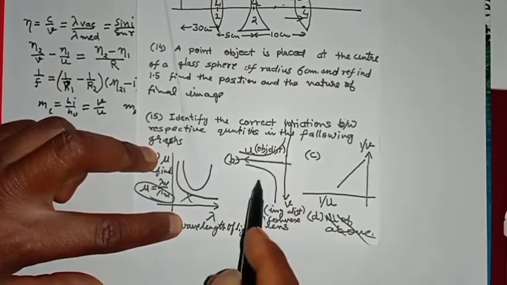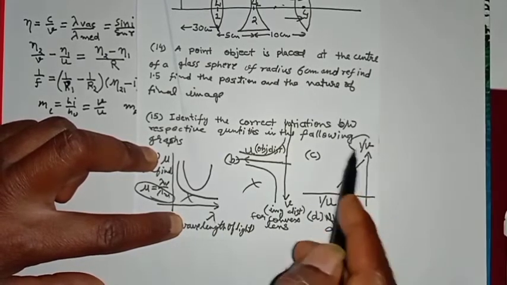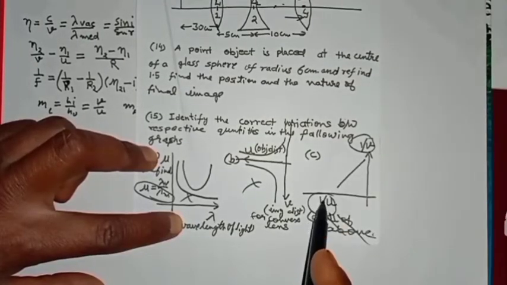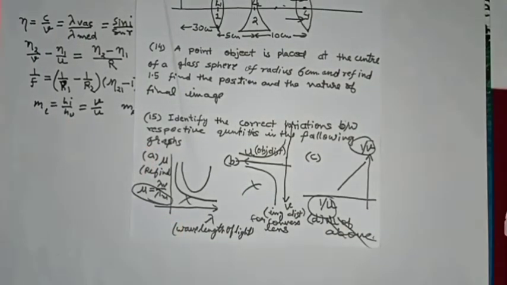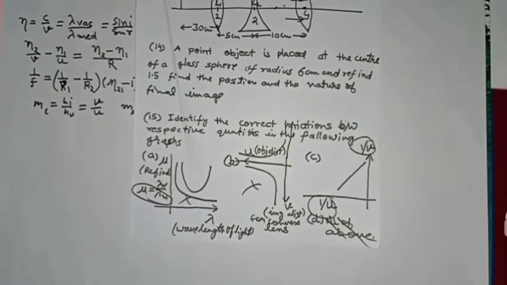So this is also wrong. Now this is 1 upon v, 1 upon u. This one is correct, and it is in the second quadrant. Keep this in your mind. The u-v graph is a curve, but in the second quadrant, and likewise 1 upon v versus 1 upon u. You can find that in your lab manuals also. That's all.